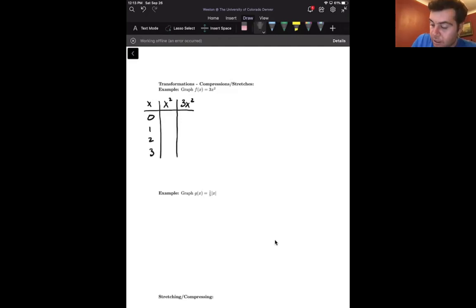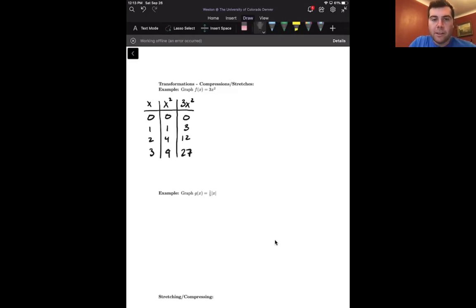So if we plug in 0 to either of these functions, we get 0 out. If we plug in 1, 1 squared is 1, and 3 times 1 squared is 3. 2 squared is 4, but 3 times 2 squared is 12. And for 3, we get 9 and 27.